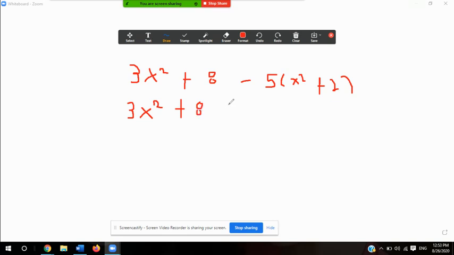And here I'm going to bring down the minus sign and multiply. So minus 5 times x squared is minus 5x squared. And then minus 5 times 2 is minus 10.